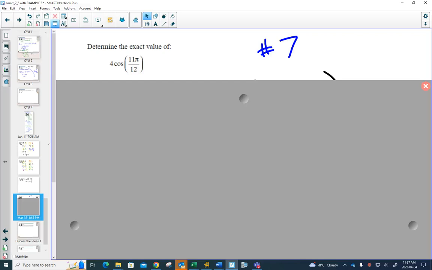And it was interesting on this exam as well, students could do cos of 11 pi over 12, but putting a 4 in front, it was like, I have to leave this blank now. Now really, I'm hopeful most of you have seen the number 4 before. That 4 is just 4 times this.